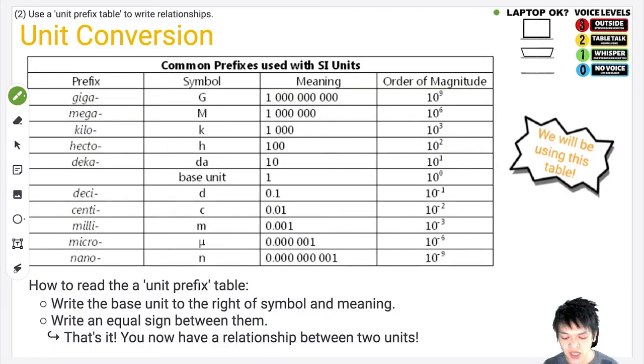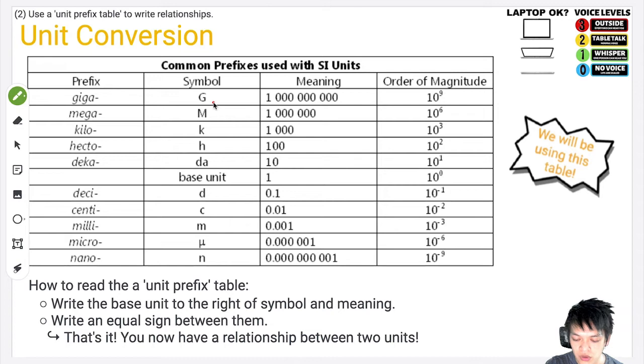And right here, when you're taking a look at it, it says common prefixes used with SI units. SI units are things like, again, grams, liters, meters. Okay, those are base units. Now, if we add something like DA, H, K, M, capital M, or capital G, when we add these prefixes in front of a base unit, it changes the meaning.